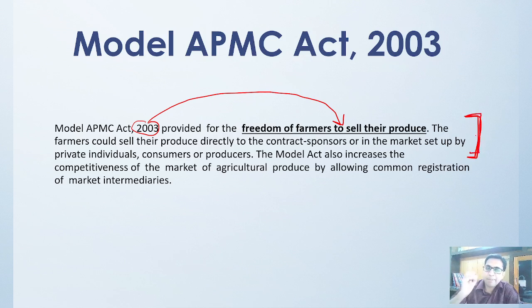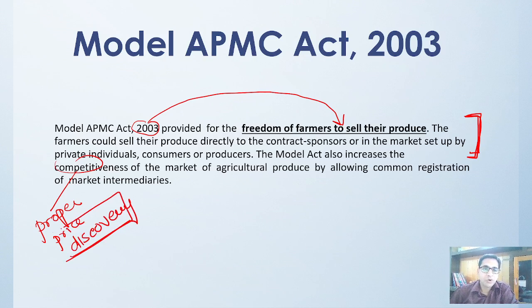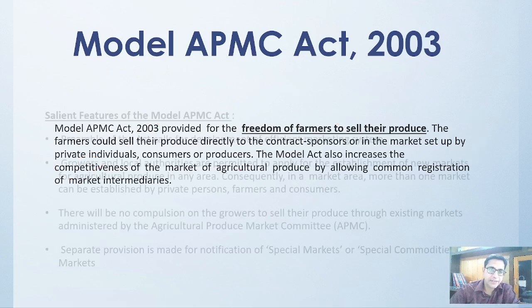The main purpose of creating this Act is that we wanted to enhance competitiveness in the market and proper price discovery should happen. And they started that we should allow common registration for marketing intermediaries, right?